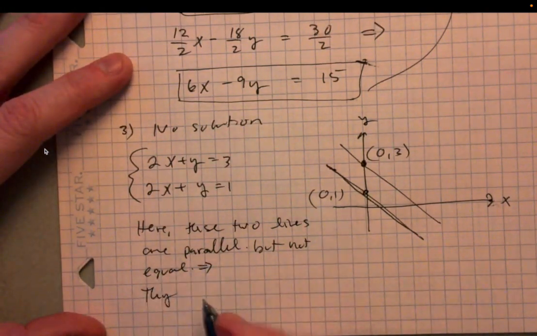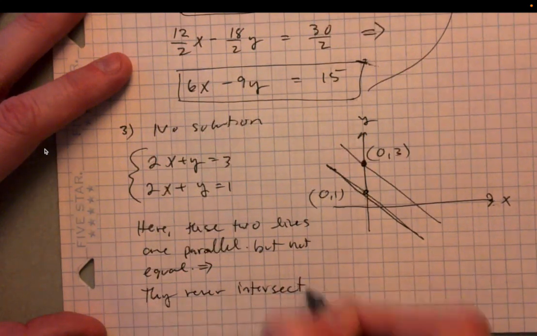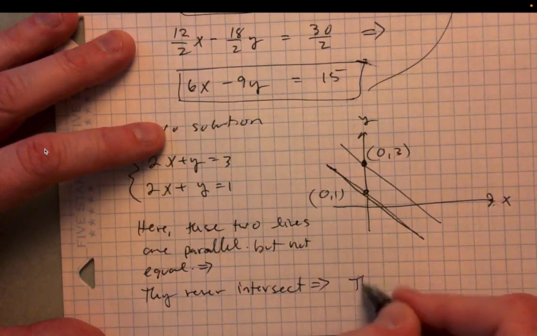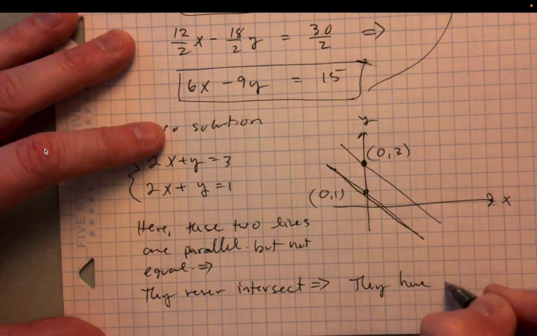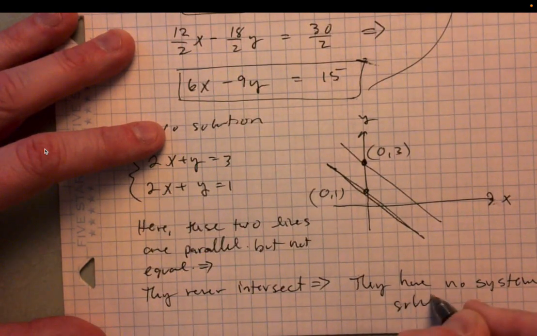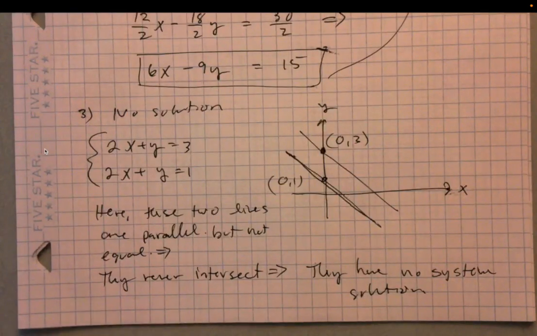The fact that they're parallel means they never intersect, and of course that means there's no solution to this system.